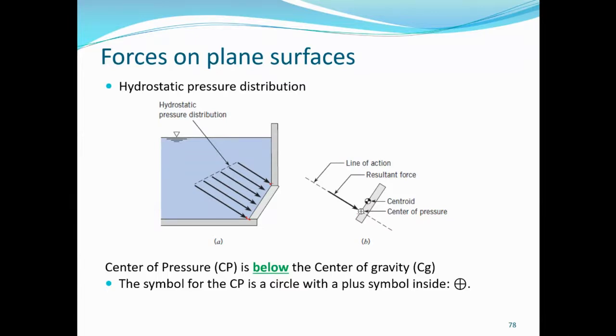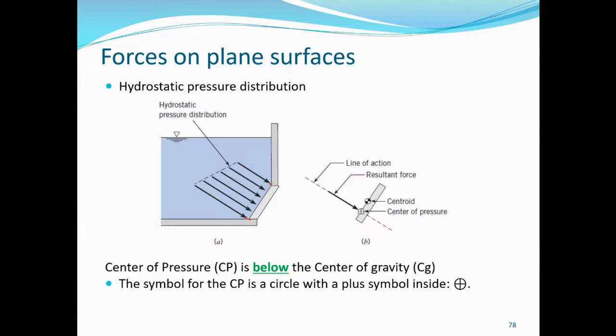So later we will find out, we already know how to find the centroid of any surface. This we learned in statics, chapter 9 of statics, CE 201. We learned how to find the centroid of a plane surface.